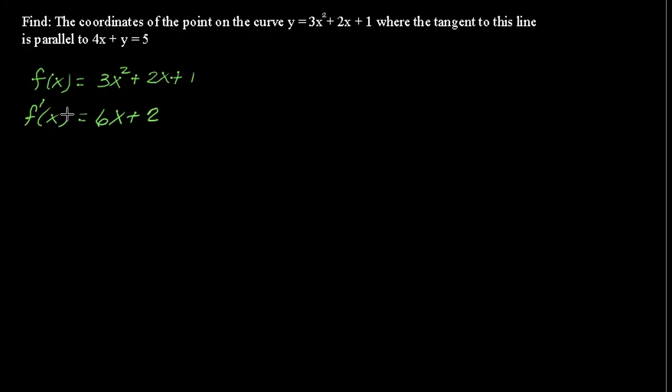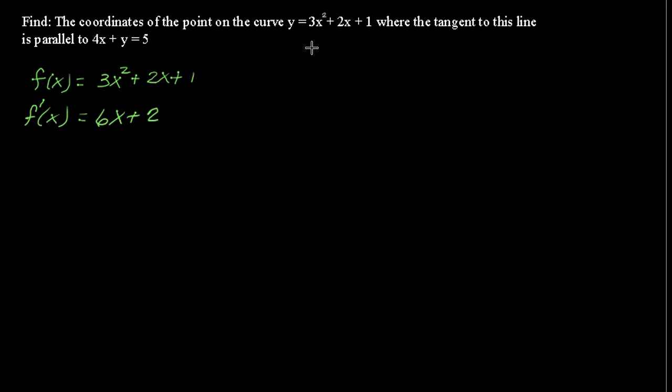So now normally, if I was given a point, I would put that point in here to find the gradient, the slope. But instead, we have to work backwards because we have to then find the slope. Now, how can I find the slope? This is all of the tangent line.